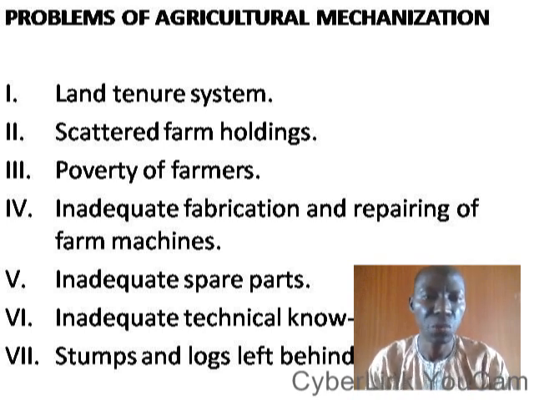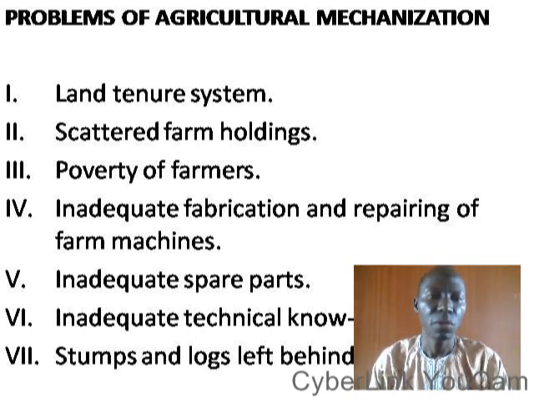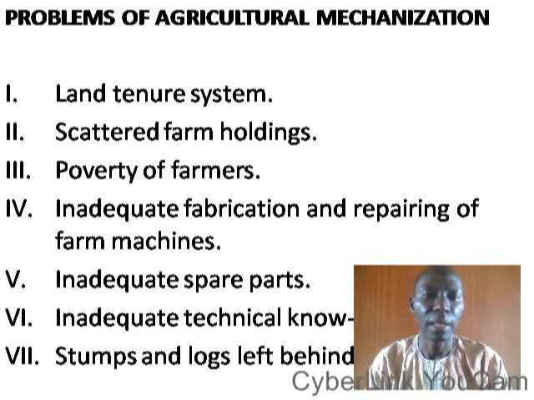If you want to rent a land, the problem is that you cannot plant permanent crops on it. Therefore, it is a hindrance to the farmer. And if you want to purchase a land, most farmers do not have enough money to buy land.